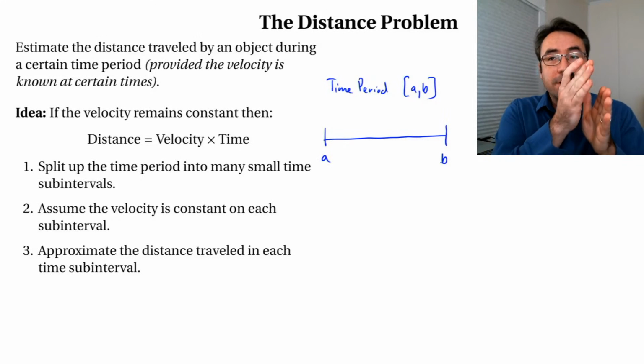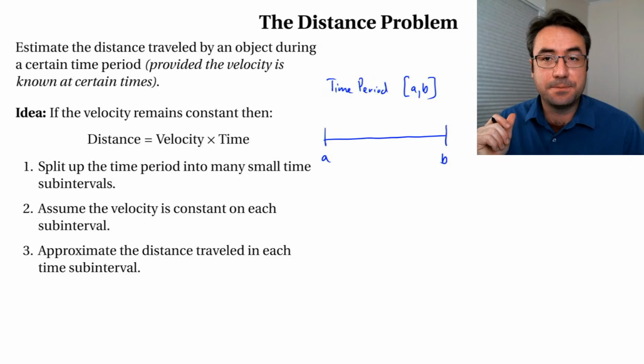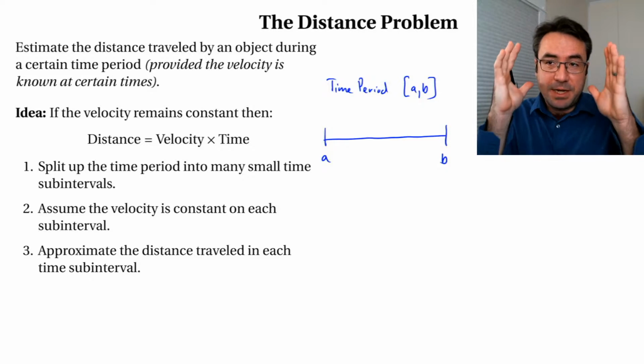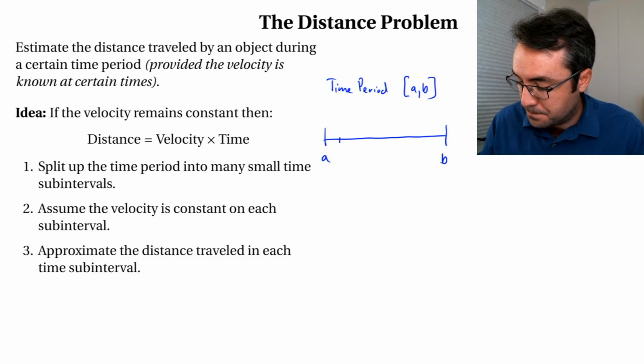And we're going to slice this up into a whole bunch of tiny subintervals. So we're going to split this big time period from A to B up into many subintervals. So it might look something like this.